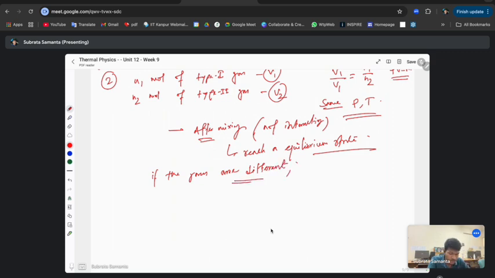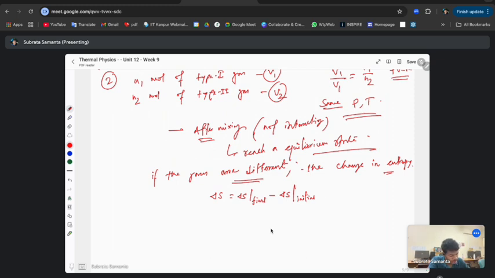So basically, delta S is delta S final minus delta S initial.